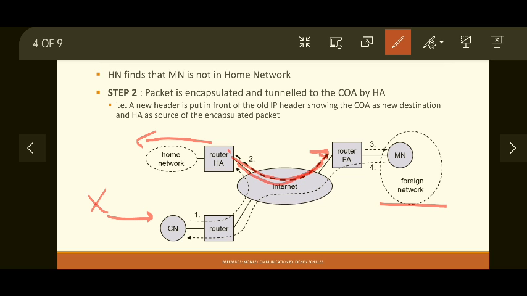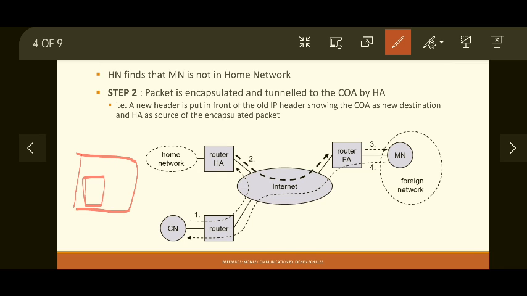Now what is tunneling exactly? Tunneling we will see in detail later on, but right now for understanding, the home agent takes the packet. Suppose this is the packet. The home agent takes the original packet and puts it inside another IP packet. So in short, it adds one more header. A new header is put in front of the old IP header. Now in the new header or in the new packet, the source address will be the address of the home agent.